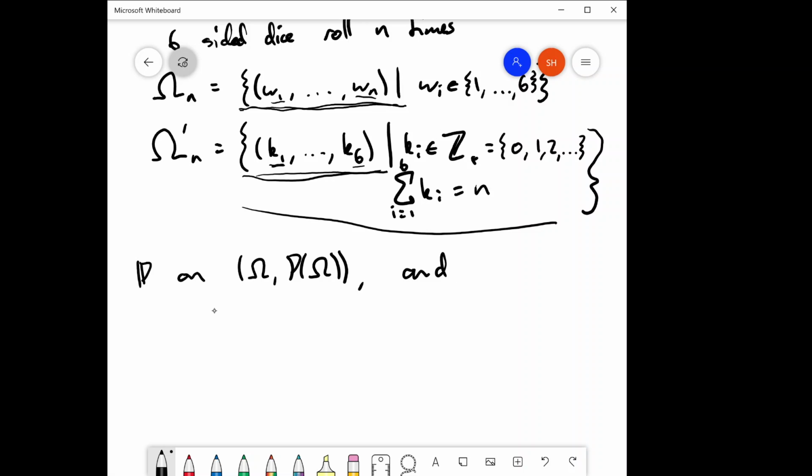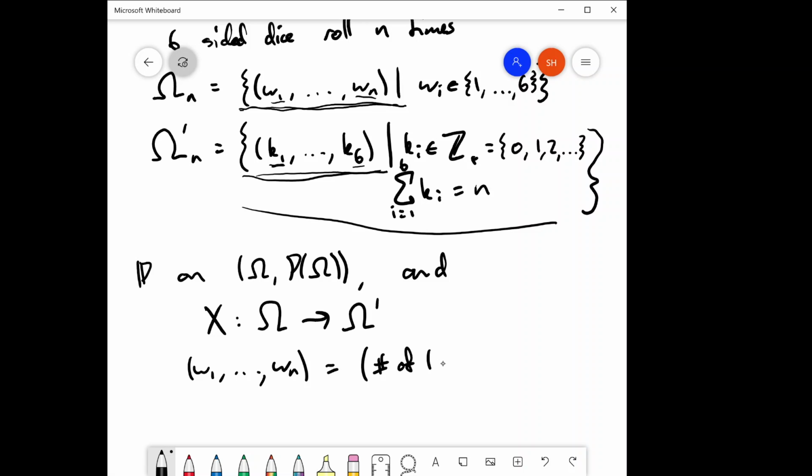And we let X from omega to omega dash be the function which takes omega 1 up to omega n to the number of ones up to the number of 6s.